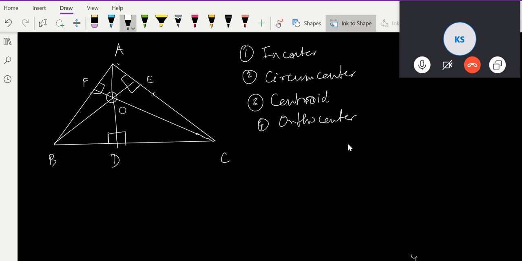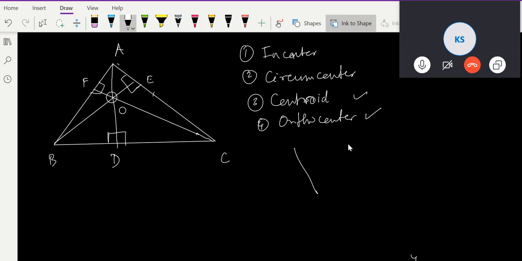Tell me, where will these points lie? Will all of them lie inside the circle, outside the circle? How will they lie? Orthocenter has to be inside. Orthocenter and centroid have to be inside.